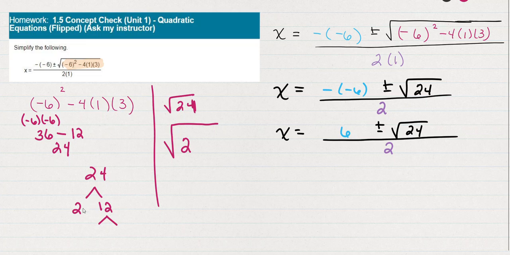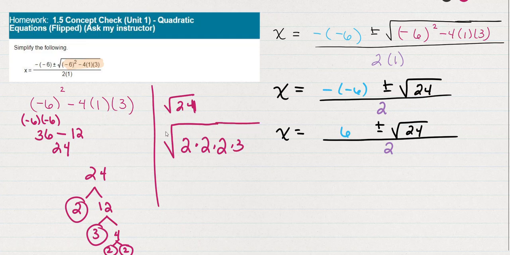So 24 is equivalent to 2 times 12. There's a prime number. 12 is 3 times 4. 3 is a prime number. 4 is 2 times 2. So I have 2 times 2 times 2 times 3.